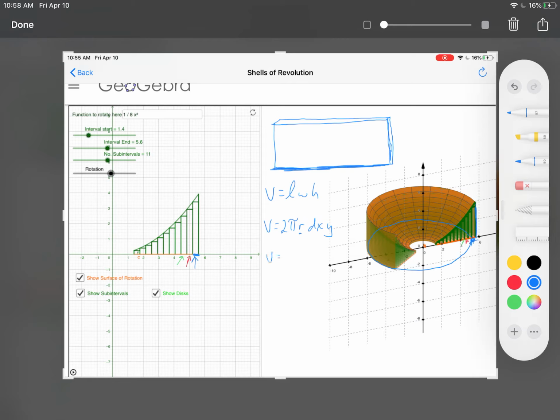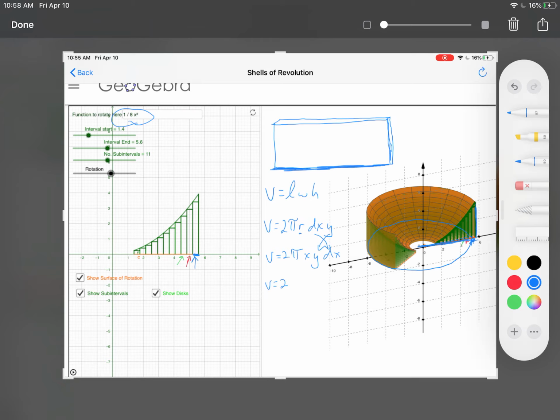So the volume of this thing is going to be 2 times pi. The radius is just our x value, so that's x, and then y dx. I'm switching the order a little bit: dx goes here, y goes here. But we know what y is equal to: y is equal to 1/8 x squared.